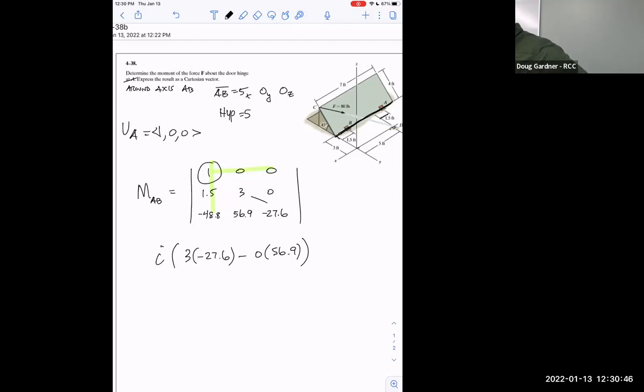Well, hey, wait, this isn't an I anymore. That's actually a 1, isn't it? That's not I, it's 1. But then the other ones are just going to be gone because they're going to have zeros in front of them, right? So this is the only one. So you should be thinking, well, wait a second, what's that saying? 3 times 27.6. So I actually end up with negative 82.8 foot-pounds.